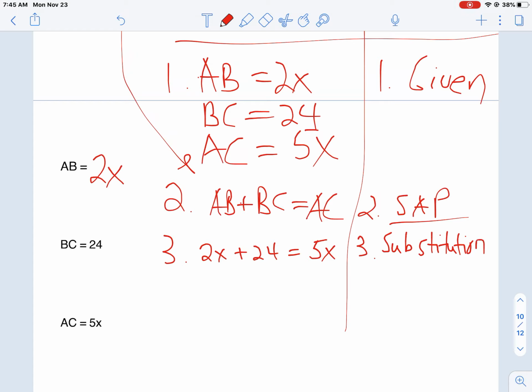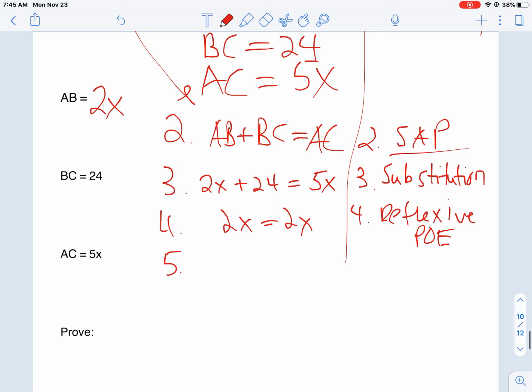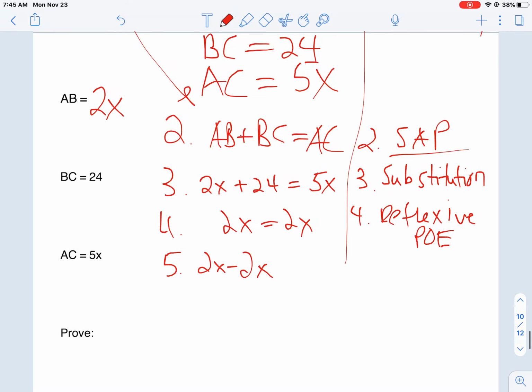Okay. Now we just need to solve. 2x equals 2x. That's reflexive. Then we're going to subtract from both sides. Okay, get rid of that 2x on the left.